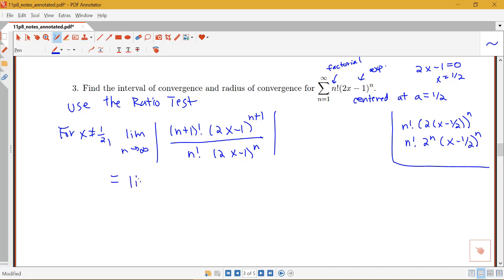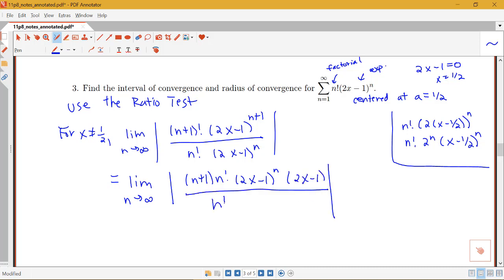Okay, so we're going to look to simplify this a little. So we have n plus 1 times n factorial is how we can rewrite the (n plus 1) factorial. I can write (2x minus 1) to the n plus 1 as (2x minus 1) to the n and (2x minus 1). Okay, so this is n factorial and (2x minus 1) to the n.